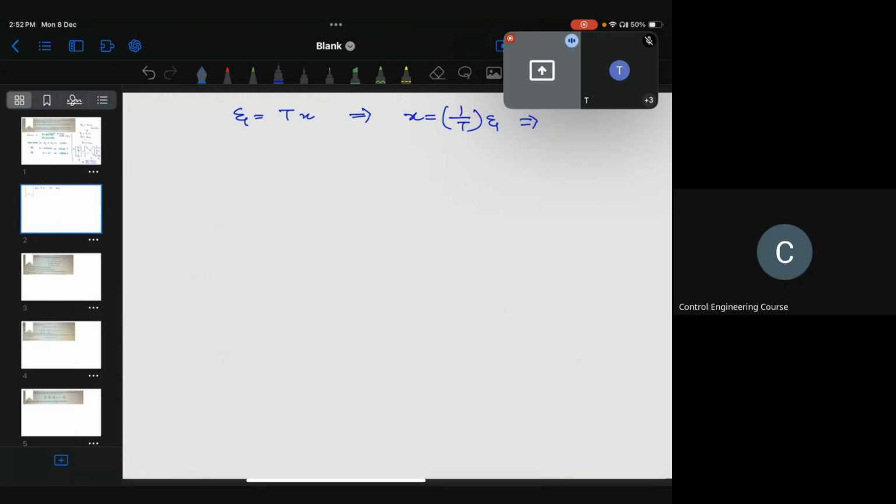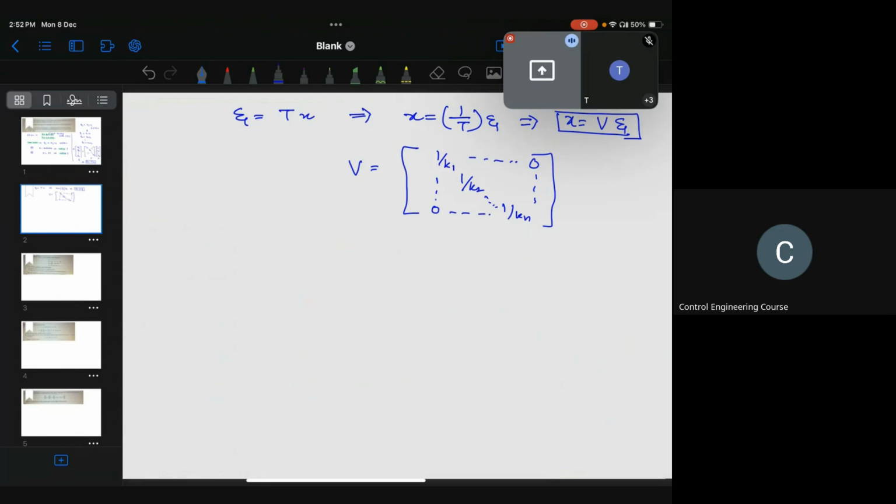So let's call this x equal to some matrix V zeta, where V is nothing but the T inverse, which will be 1 by k1, 1 by k2, etc., 1 by kn. This is the matrix, and all these other terms are zeros. So that is our new matrix V.